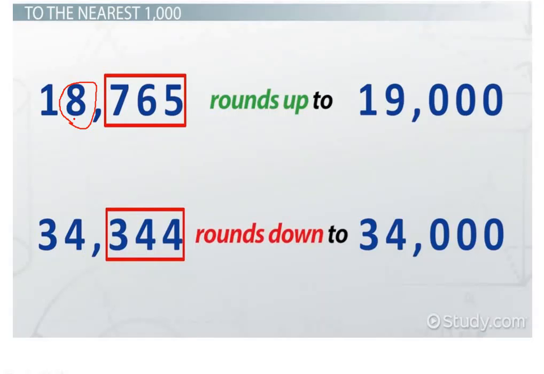And since I want to round 8, which is in the thousands place, I will underline the number to its right, which is here 7. Since 7 is more than 5, it will give 8 one, and I will round it up into 19, and all of the numbers to the right of the 9 will be zeros. As you can notice, 765 will be 0, 0, 0, but 1, which is to the left of 9, I will keep as it is.